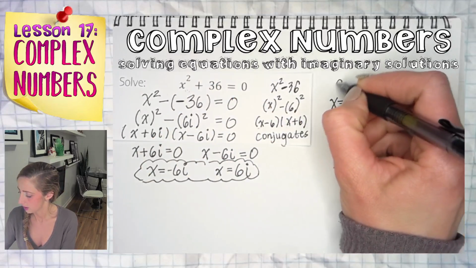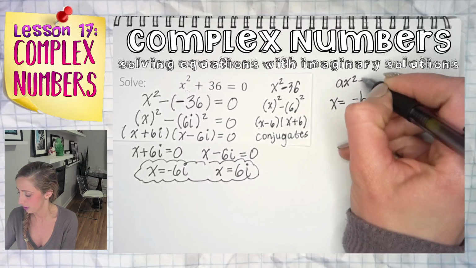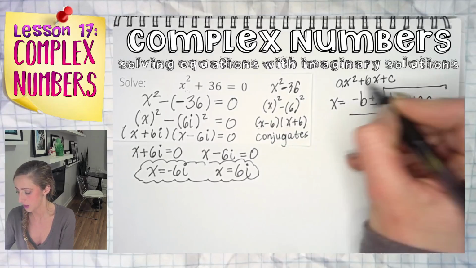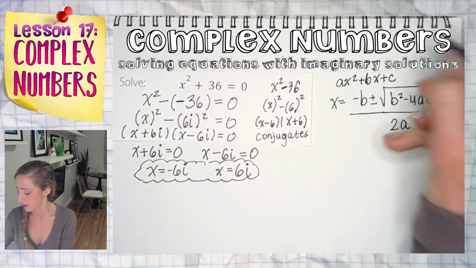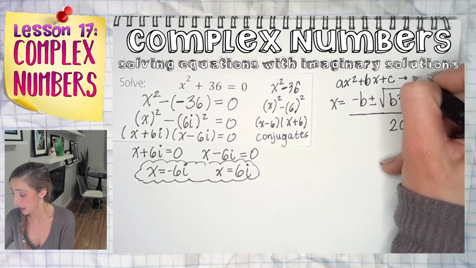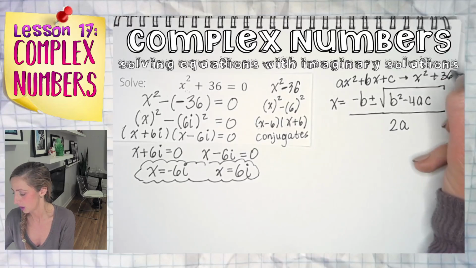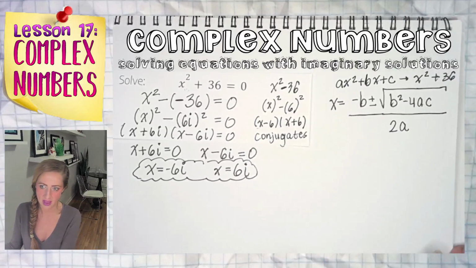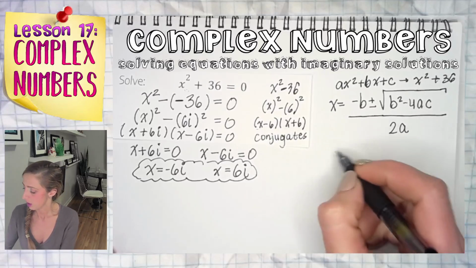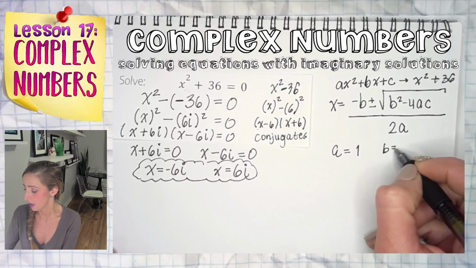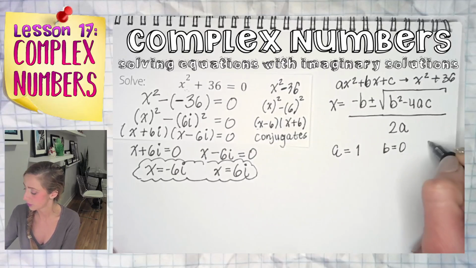I think so. If we think of our quadratic being ax squared plus bx plus c, and we're dealing with x squared plus 36, well, what are my a, b, and c values, right? A in this example is 1. B is 0.